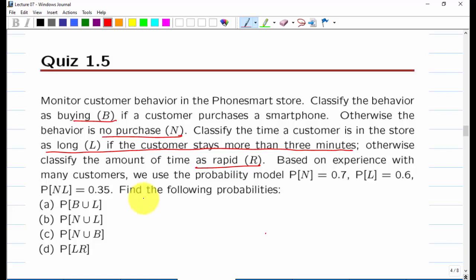Based on experience with many customers, we use a probability model in which the probability of no purchase is 0.7, the probability that a customer will stay for long is 0.6, and the probability of N intersection L, meaning not buying the phone and staying in the store for more than 3 minutes, is 0.35.